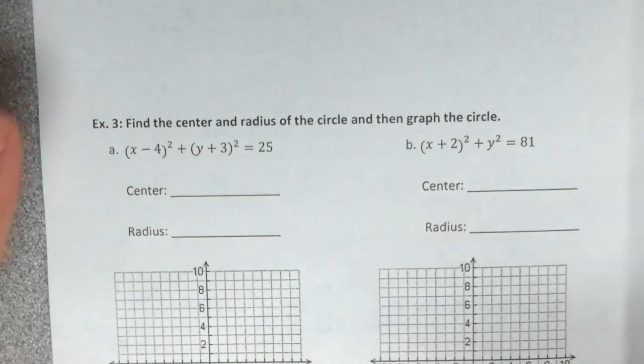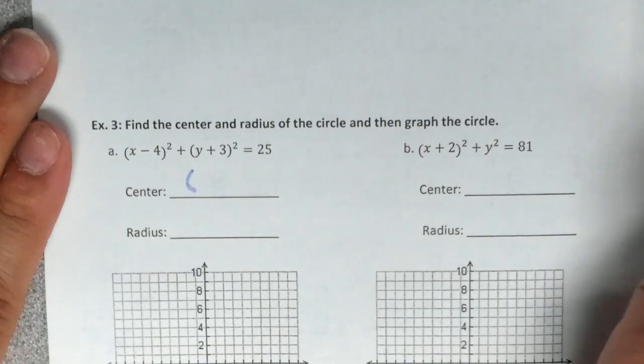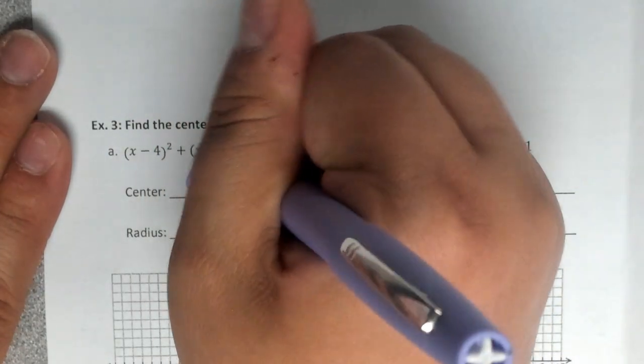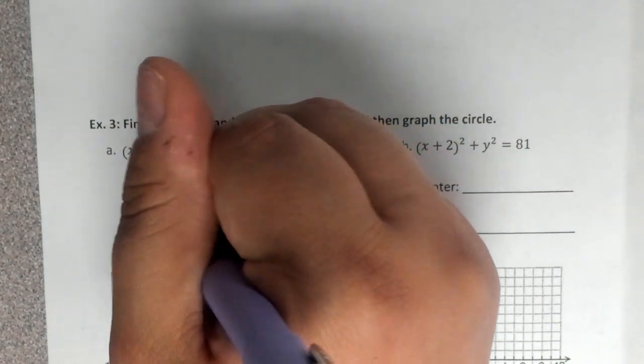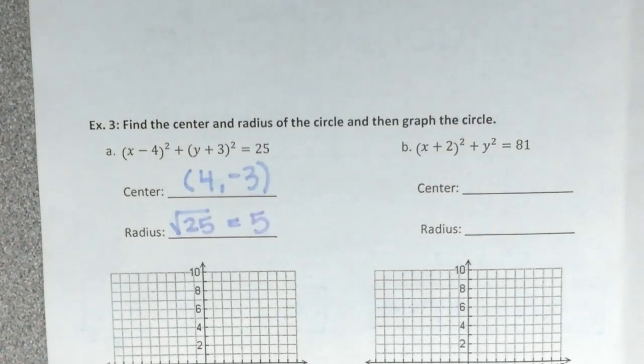What are your h and k? 4, negative 3. Just do the opposite. By the way, if you don't put parentheses, I'll count points off. A point has parentheses. What's my radius? 5. Why? You have to go backwards. You're square rooting. The square root of 25 is 5.